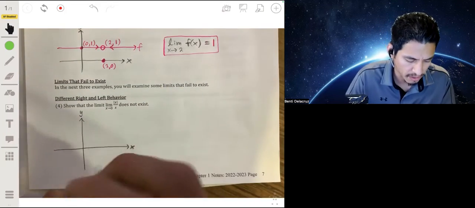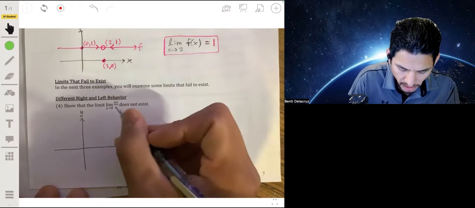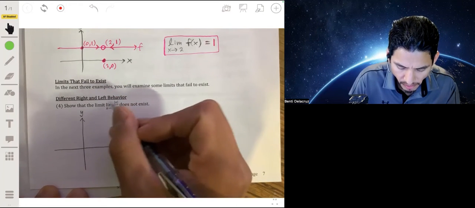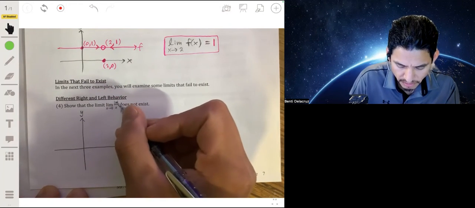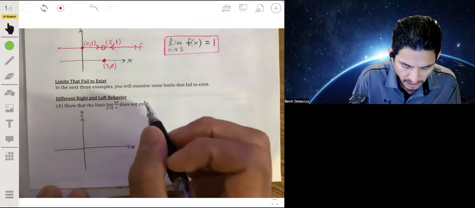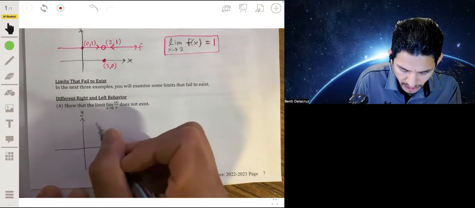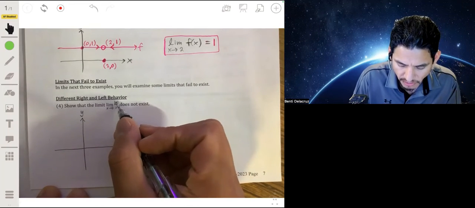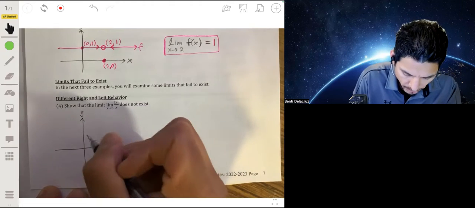And again, just plug in numbers. Now let's see what's going on. We know it's not going to be defined at 0 because we'll have 0 over 0. But on the right side, the value will always just be 1.